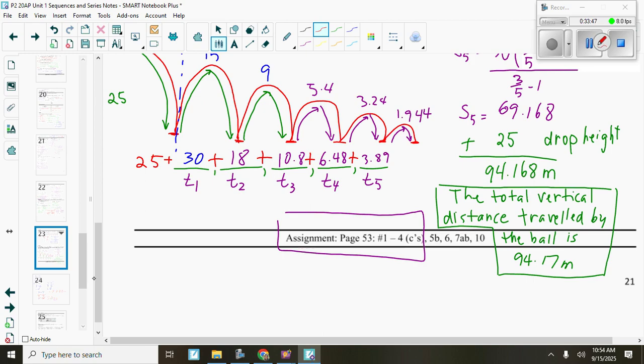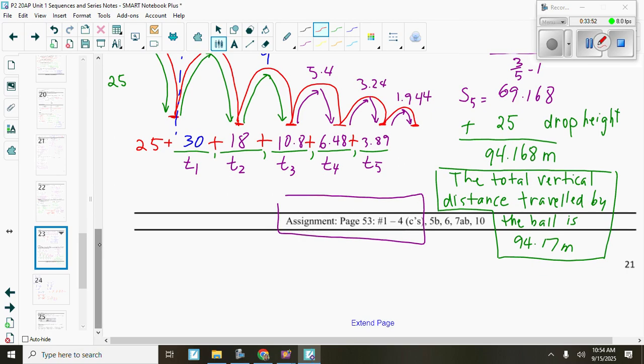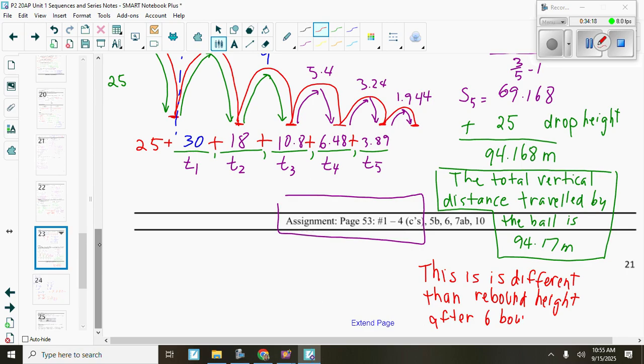Just another little note to self: this is different than just the rebound height after 6 bounces. So write a note to yourself.